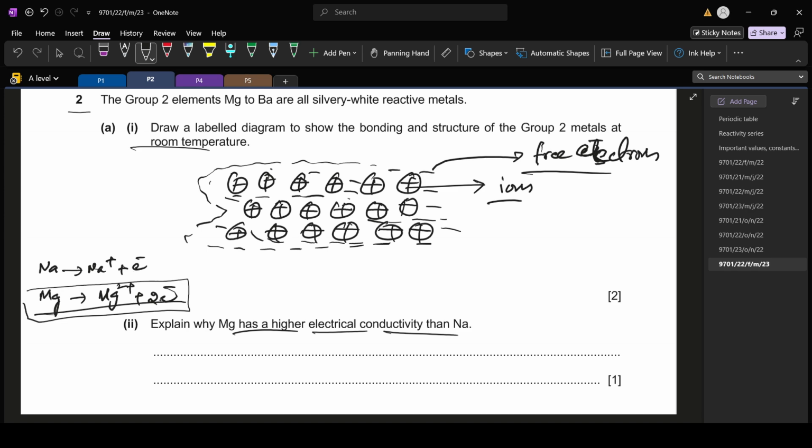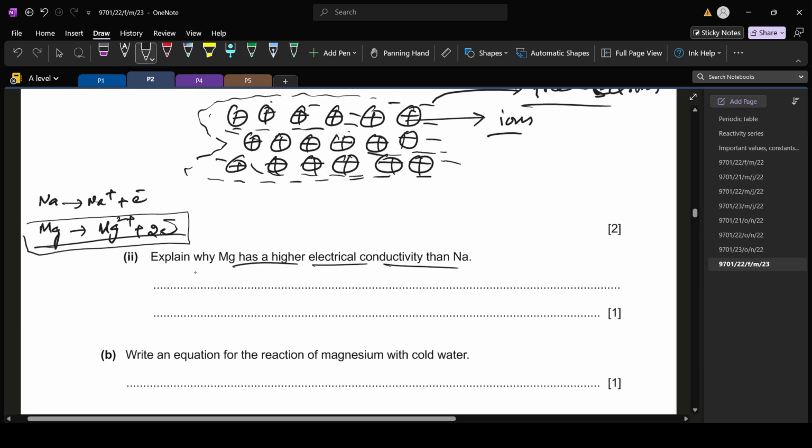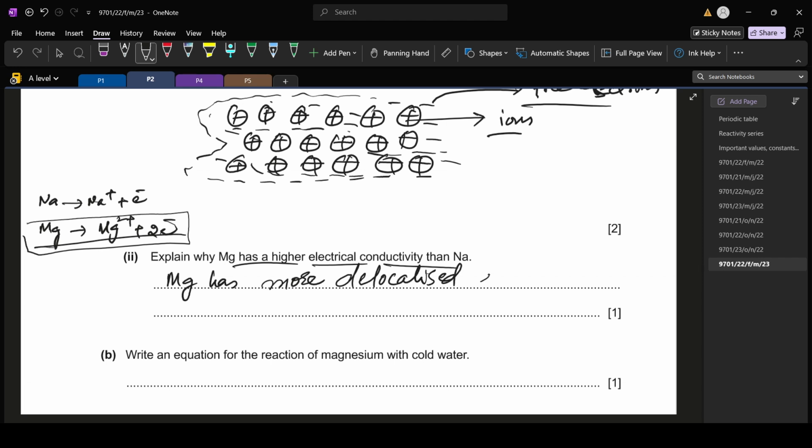So more electrons are released in magnesium, so it must have a greater conductivity. So magnesium has more free or delocalized electrons.